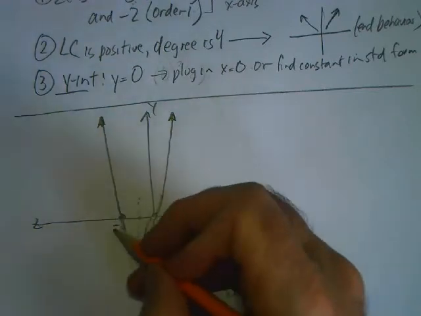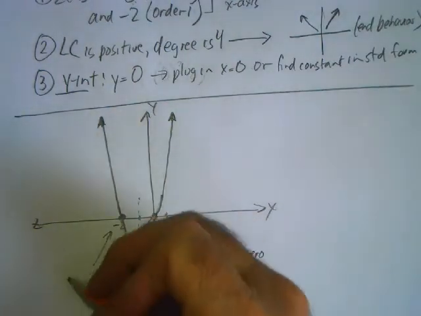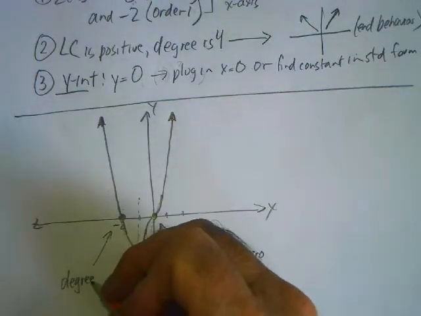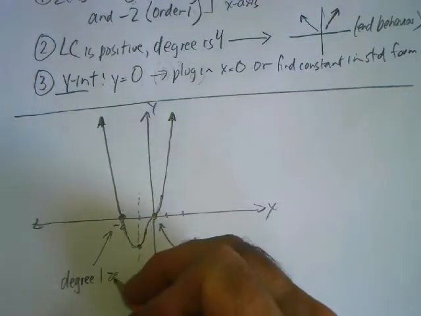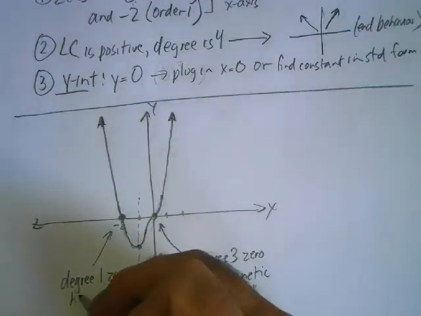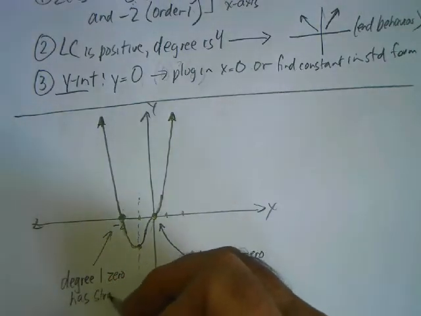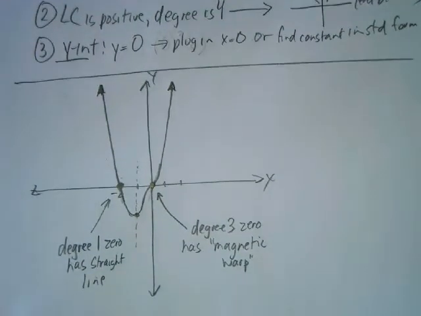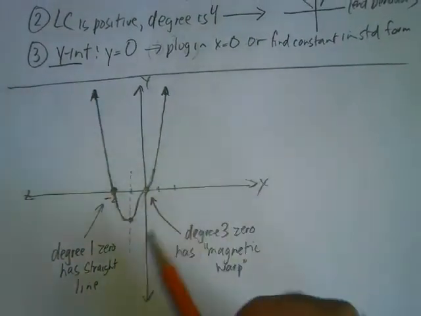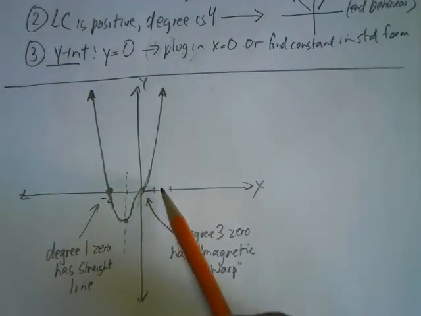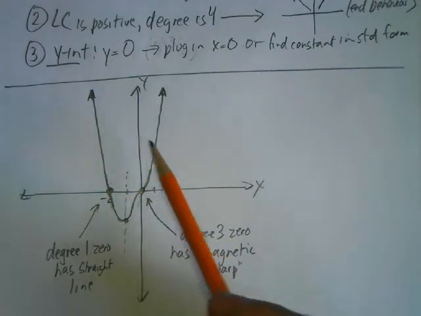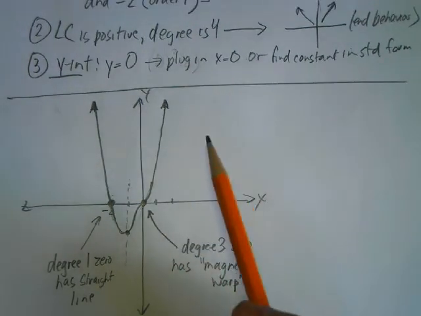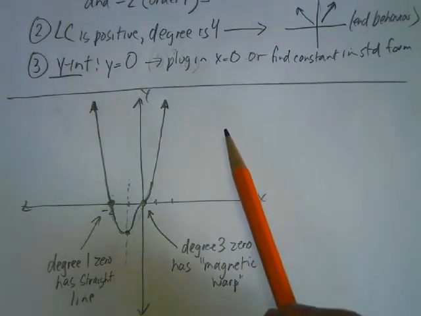And the order 1, so a degree 1, 0 has a straight line. Okay, so that's a new piece of information. If you compare this, our sketch, to a Desmos graph, it's actually going to look pretty close. Okay, there'll be a little bit of difference, but not a whole lot.